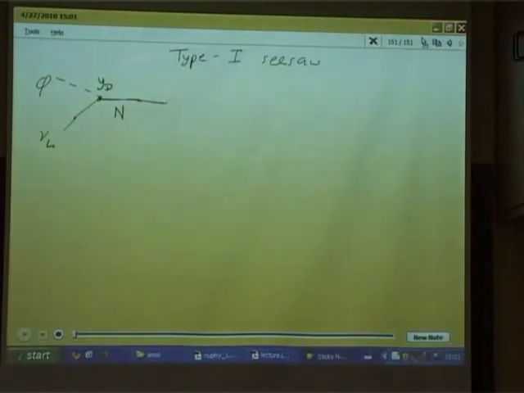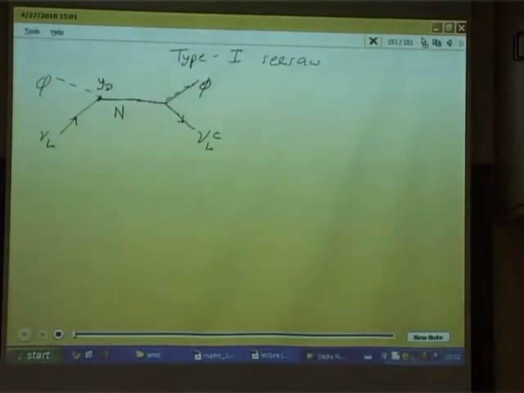Now, this N can also couple with this phi and nu L. This is my nu L going in, this is my nu L C coming out.